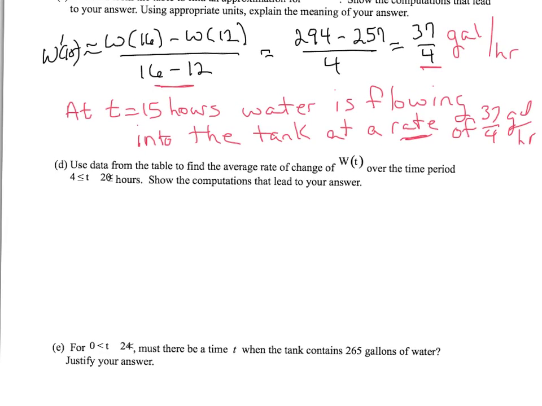All right. Use data from the table to find the average rate of change over the time period from 4 to 20 hours and show the computation that leads to your answer. Isn't that the exact same thing? It's the same thing. A rate of change is that slope formula that we have used since Algebra 1.